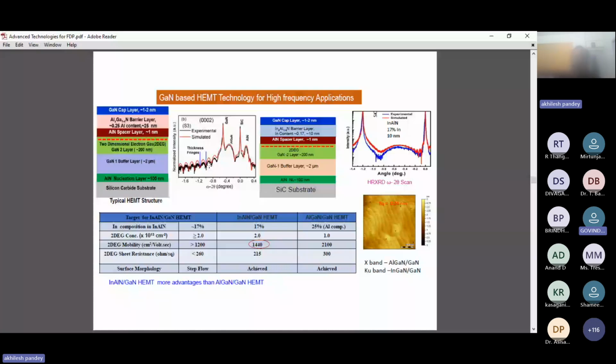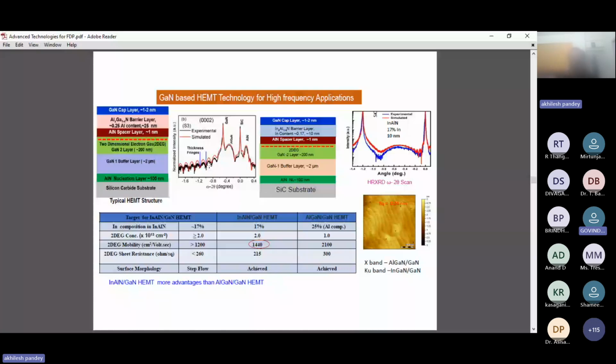Its X-ray diffractogram has been measured to find out the composition, thickness, and all those parameters. Its 2DEG concentration has been determined using the Hall effect; it is 1e17 for AlGaN, but for indium aluminum nitride it is 2e17. So the carrier concentration is slightly increased. Because of the increased carrier concentration, the 2DEG mobility is reduced, but the sheet carrier concentration goes from 215 to 300. Step surface morphology has been identified in both cases.